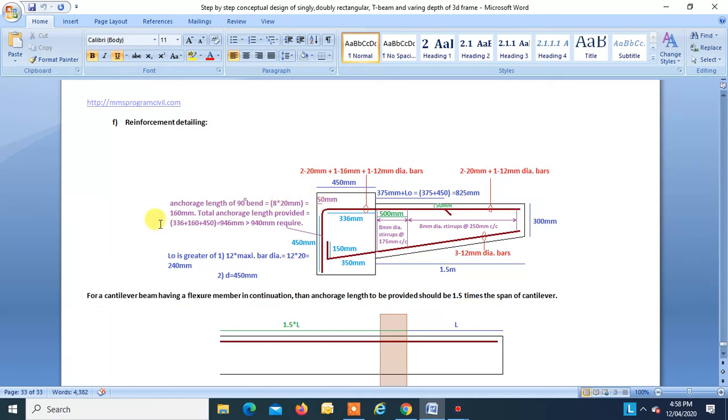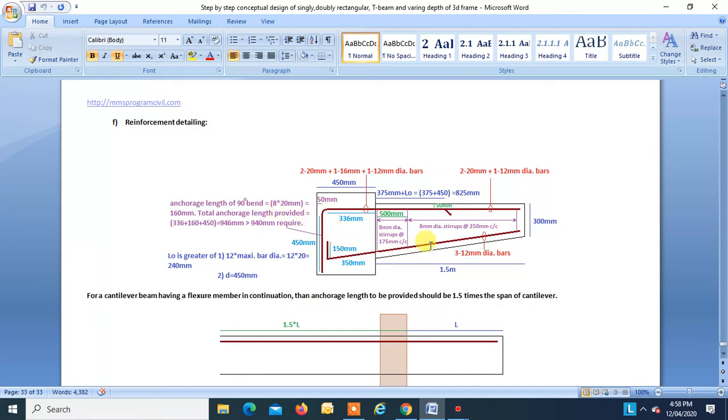So 8 into 20, that is 160 mm. So this is taken as 160 mm, right? Plus this is 336 plus this is 450, okay. So 336 plus 160 plus 450, this is 946, which is greater than 940, which is required, okay. So it's okay now. So this is how we provide the anchorage length in case of cantilever beam.